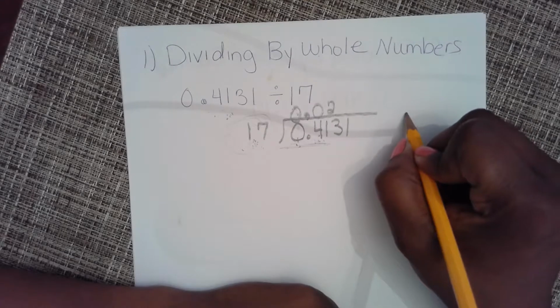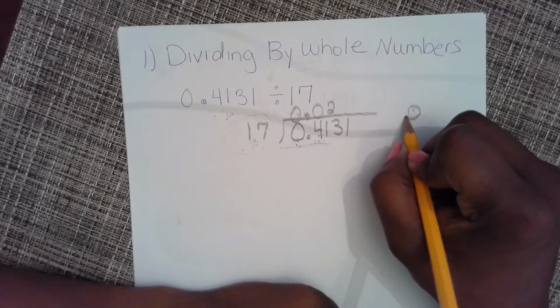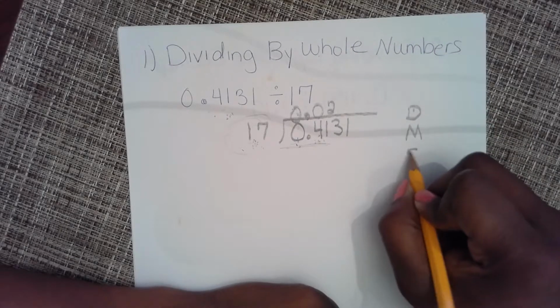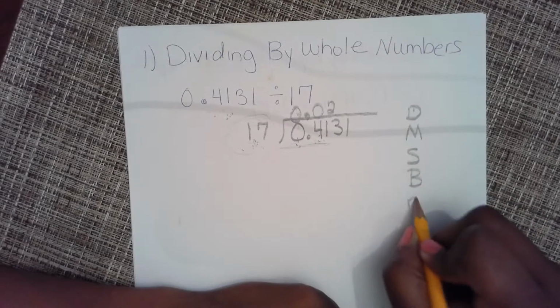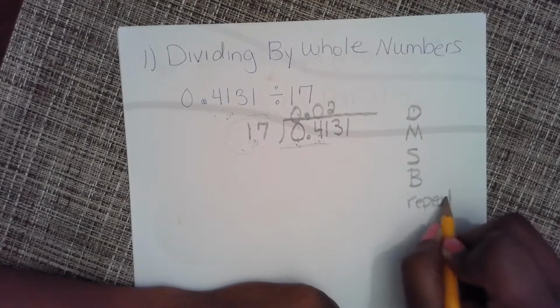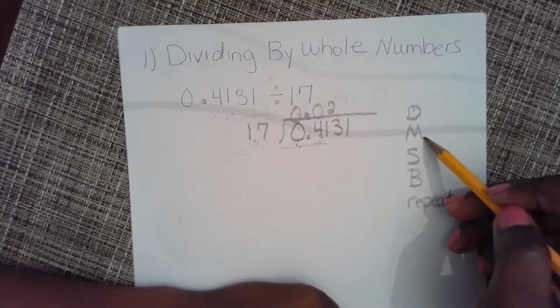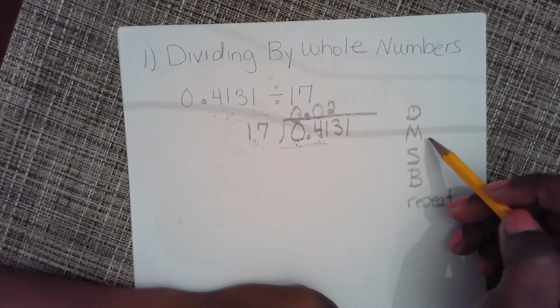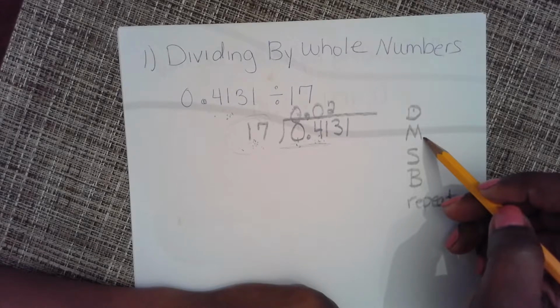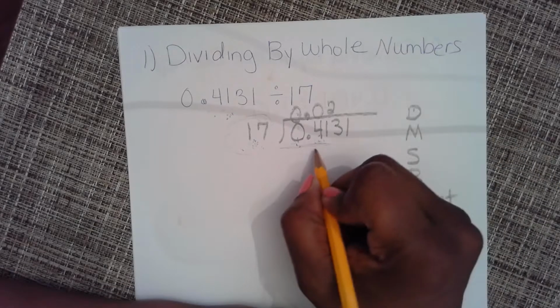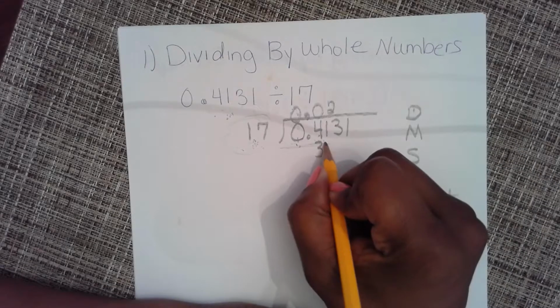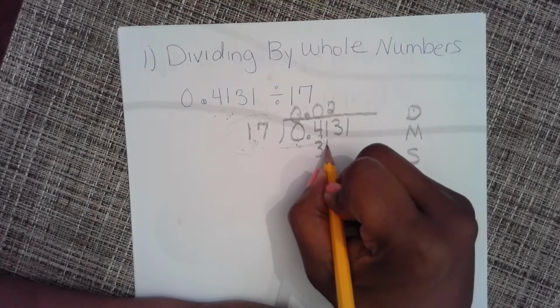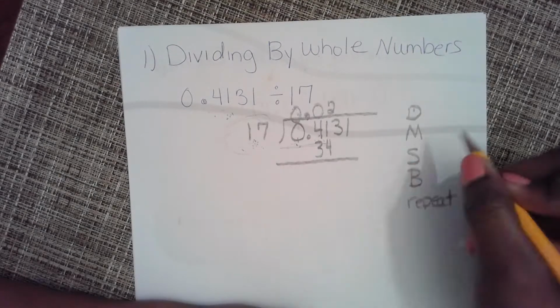So now it's time to DMSB, repeat. We've been dividing. Now it's time to multiply 17 times 2. 17 times 2 is 34. So now you need to bring down your 34. So we multiplied.